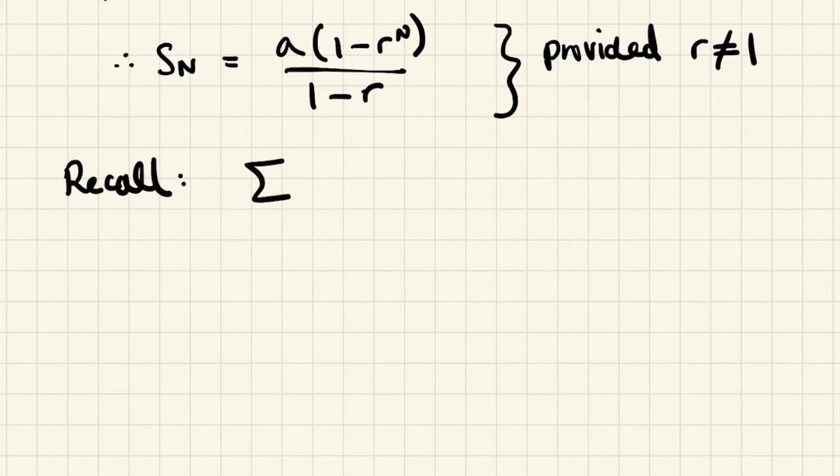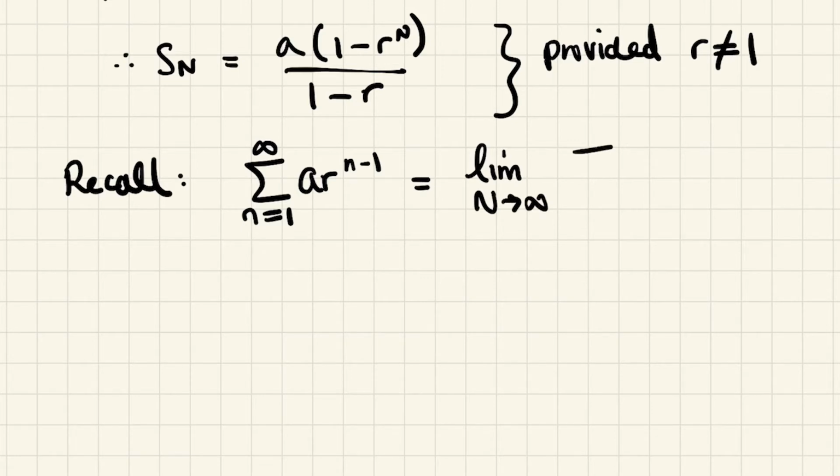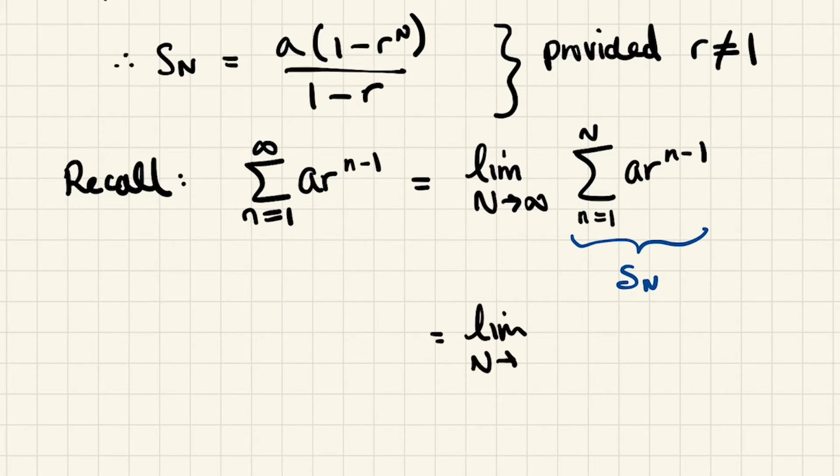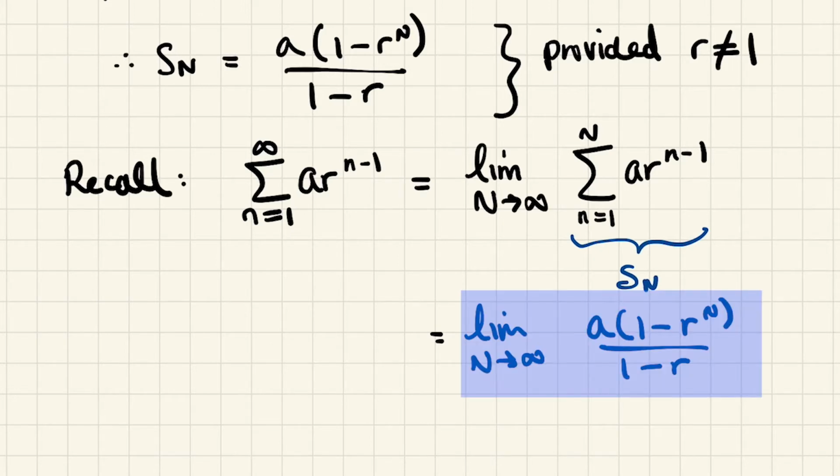Now, let's recall that what we're really after is checking to see if this series converges. And that series is defined to be this limit. But this here is just S_N. So what we're really doing is calculating this limit of the closed form for S_N. What is the answer to this limit problem?